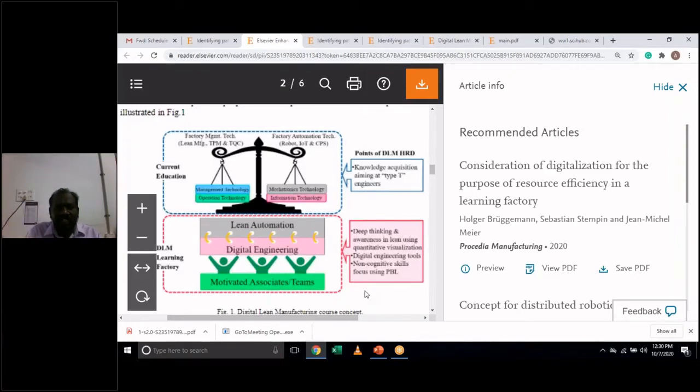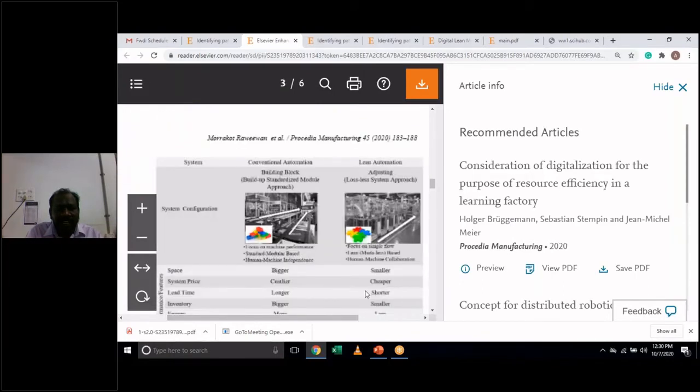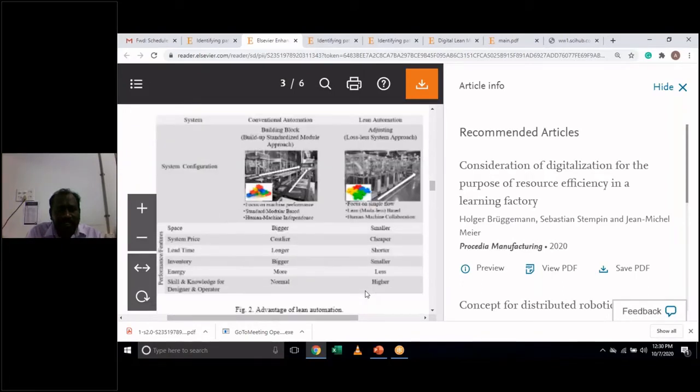Here you can see the conventional company and the lean manufacturing company. Can anybody tell me, by seeing the slide, the advantage of lean automation? Can you see the slide?